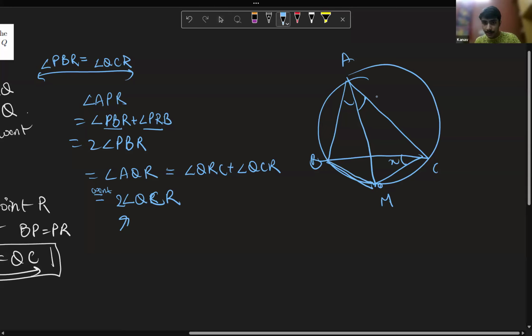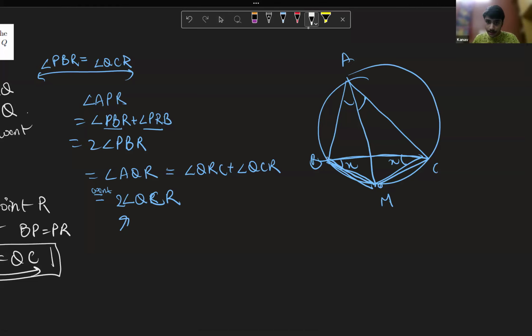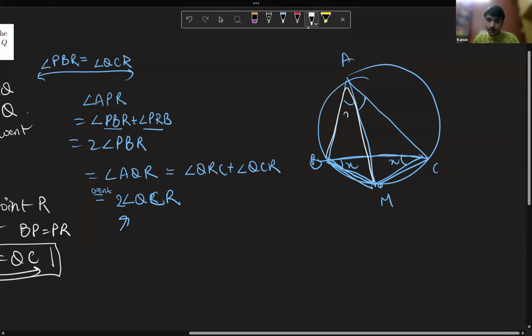Let's call this angle X. By MB equal to MC, both of these angles are X. Now look at the angle inscribed by segment MB. This is X because of this angle BCM, but this is also angle BAM. So this must be X. Now we look at the angle inscribed by MC. MBC is X.